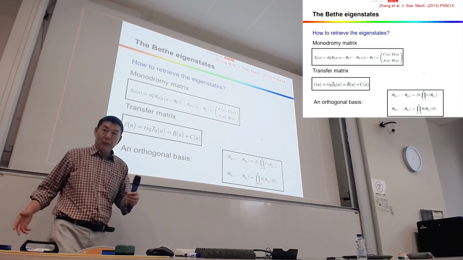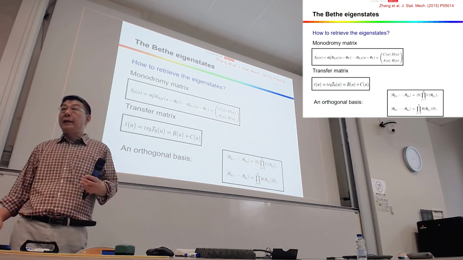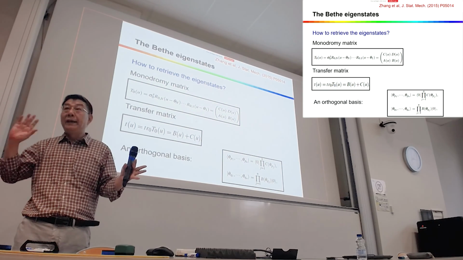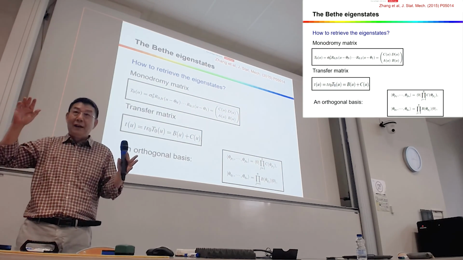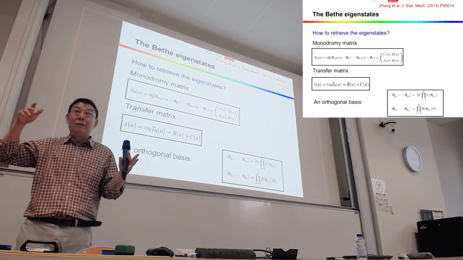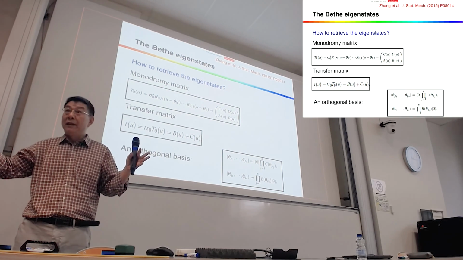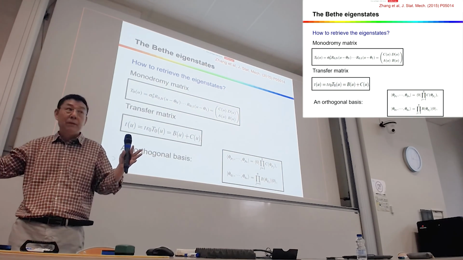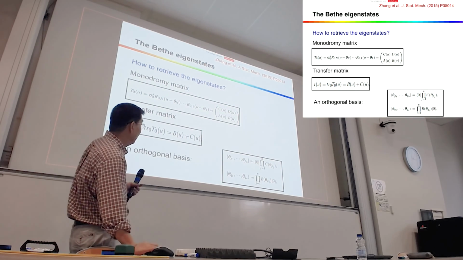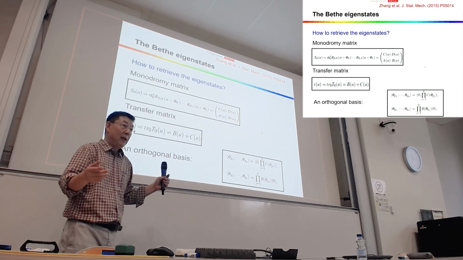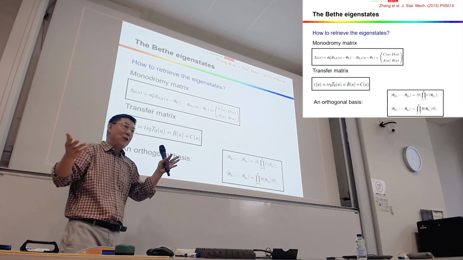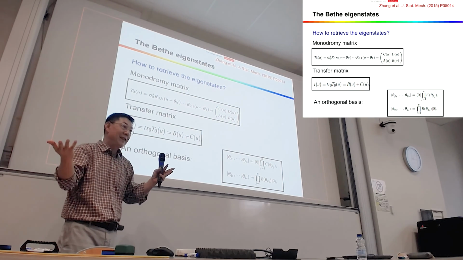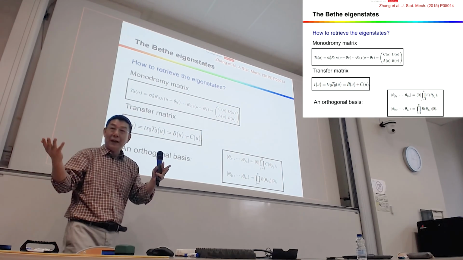Now we have the spectrum, but how do we get the eigenstate? We cannot use the algebraic Bethe ansatz, because we have no obvious reference state, no obvious vacuum. But we have the spectrum; we know the eigenvalues of the matrix. So of course, we can retrieve the eigenvectors from the known eigenvalues.